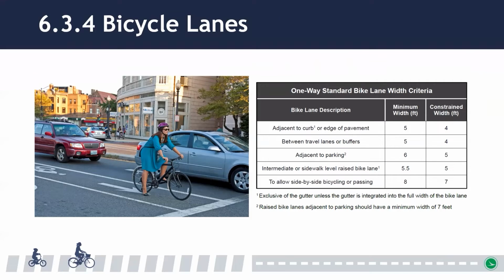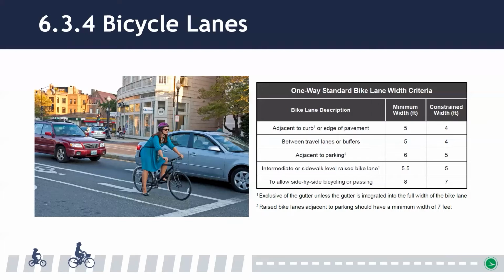The widths prescribed in Table 6-3 accommodate a person's operating space, occasional passing, and shy distances to vertical elements as discussed in Chapter 3. The width of a bicycle lane does not include the gutter adjacent to the curb, and where a bicycle lane is adjacent to a gutter, the width of the bicycle lane should be measured from the edge of the gutter to the center of the bike lane line.